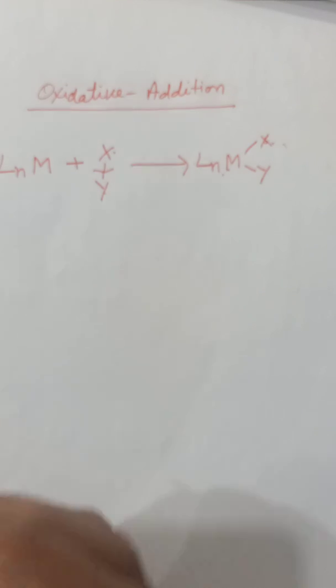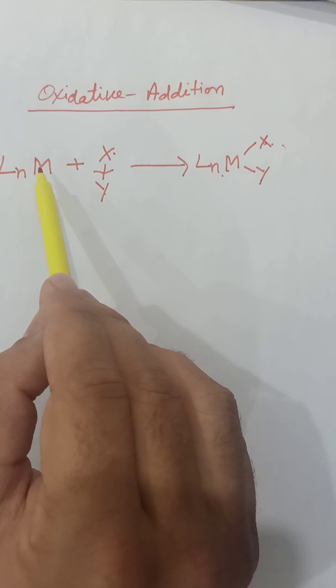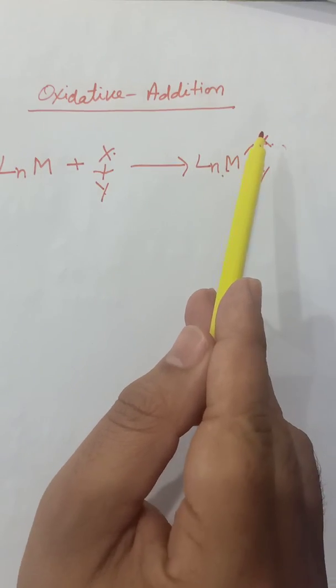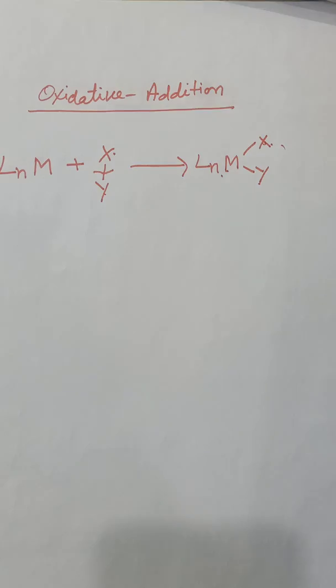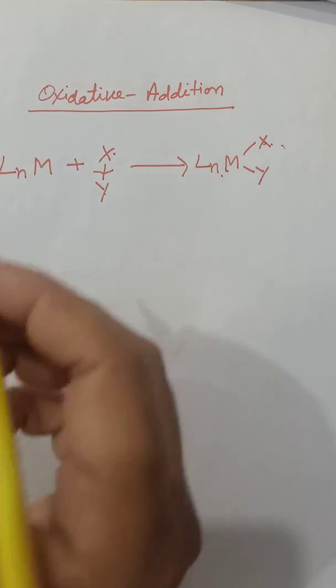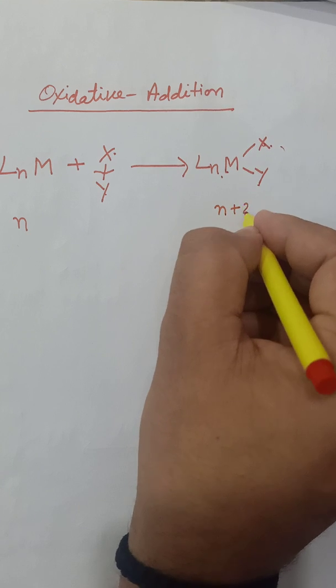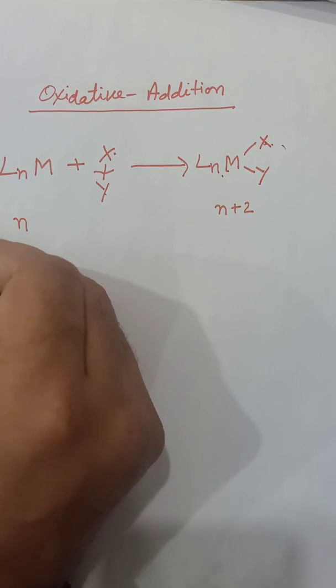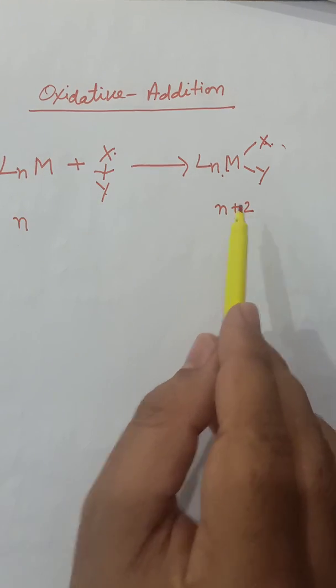If you see here, in this process, since electrons are going from the metal to the ligand, that means the metal will undergo oxidation, and there is an increase of +2 in oxidation state. That is, the oxidation state of the metal is increasing by +2. If here the oxidation state is N, here it will be N plus 2.